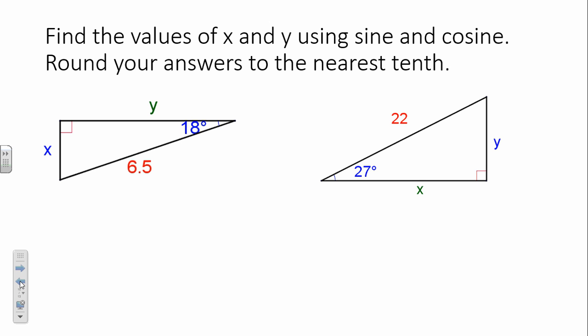So do you want to find x or y first? Okay, let's pick on y first. How is y related to this angle that we know? It's adjacent. And what other number do we know?